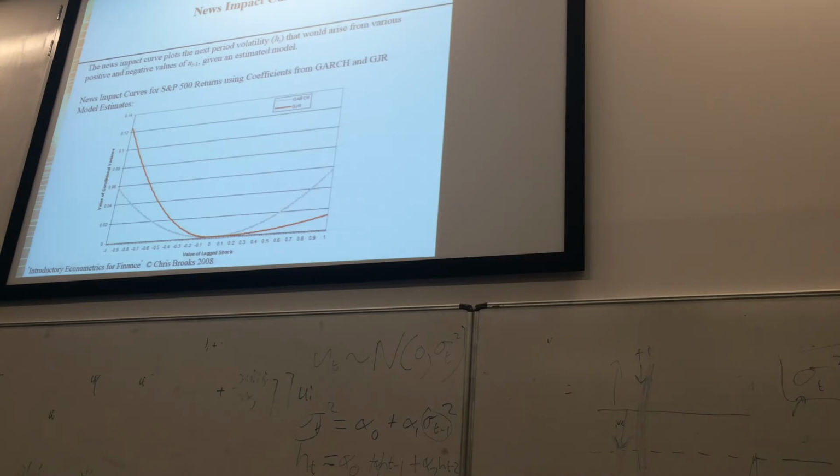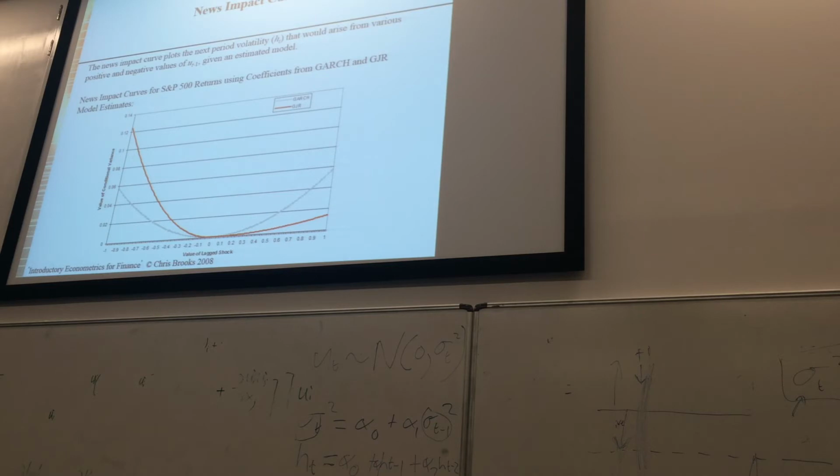This is basically working out the next day after the announcement what kind of an impact there will be due to the persistence of that shock. Okay. So for a Garch GJR model, there's a bigger impact the following day.